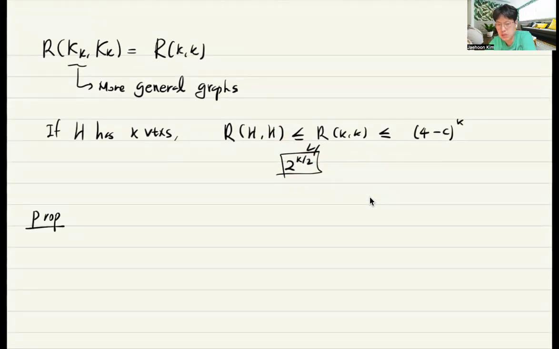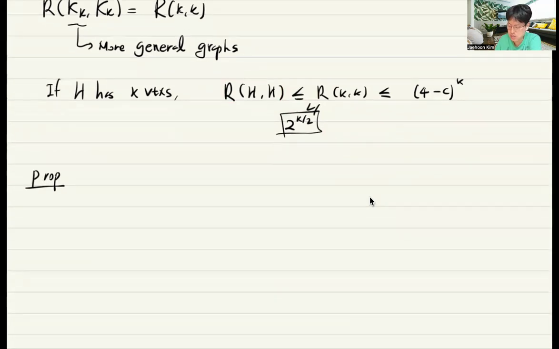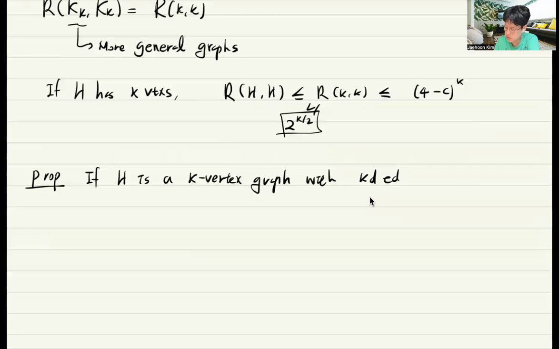Indeed, if we mimic the proof of this lower bound, which we discussed in the introduction to graph theory course, which also uses the probabilistic method, then we are also able to obtain a lower bound on the Ramsey number of more general graphs H. In fact, if this H is a k-vertex graph with, say, k times d edges, then we can find a lower bound exponential in d.